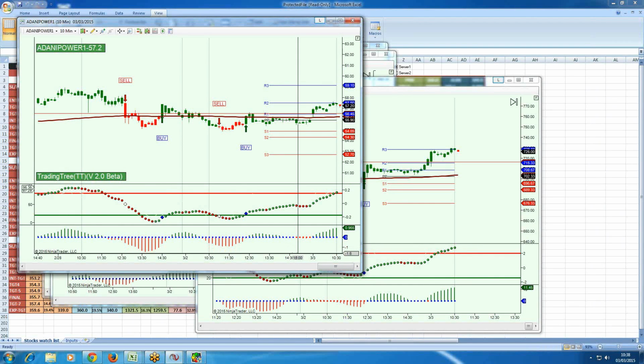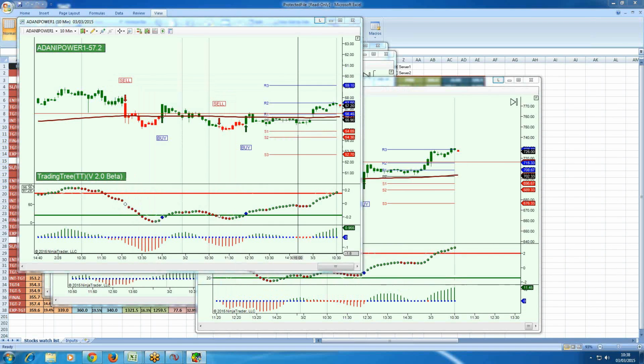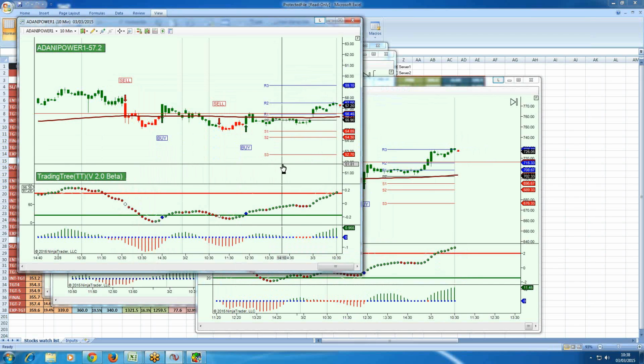Yeah, you can even trade currency also. Not only currency, you can even trade agri commodities, that is your NCDEX scripts. You will be able to trade them in Tradingtree.